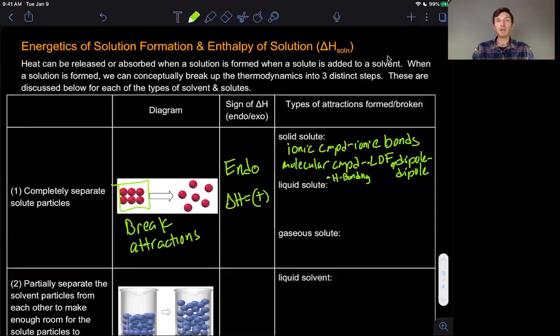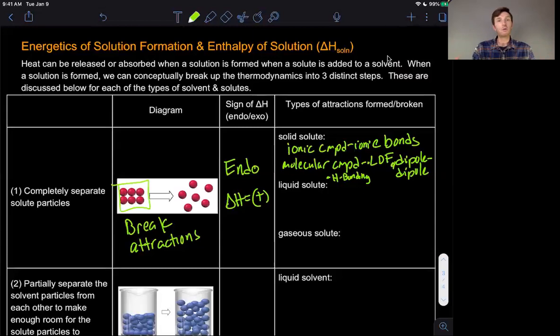Then we have our dipole-dipole attractions. Maybe this is something like a molecule with a fluorine on one side and some hydrogens on the other side, which makes it polar. And so then we have these dipole-dipole attractions.